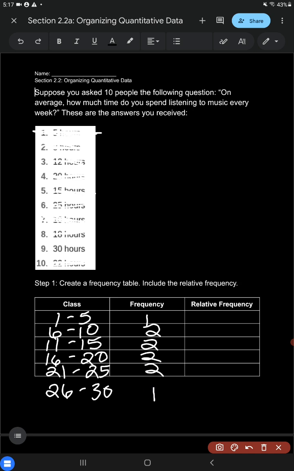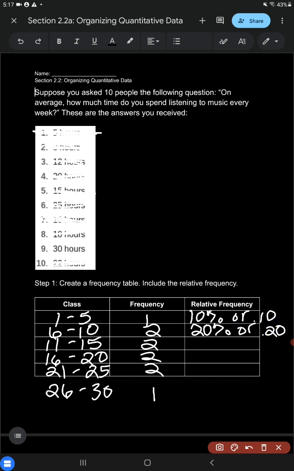Okay, so what would our relative frequency be? Well, relative frequency is a percentage. So in category 1, there was only one person. Well, that's 1 out of 10, which is 10%, or 0.10. Okay. Our next 4 categories all had 2 people. 2 out of 10 is 20%, or 0.2.